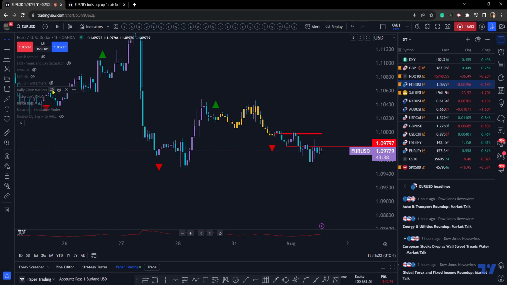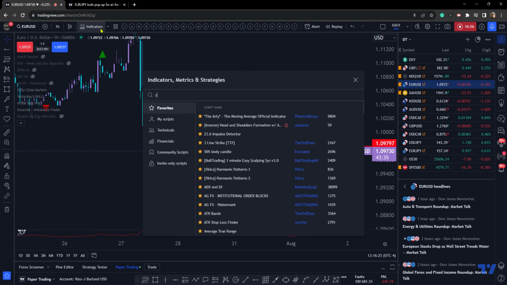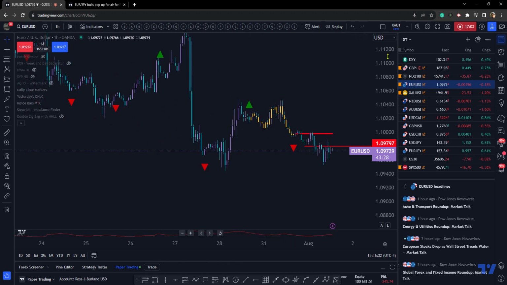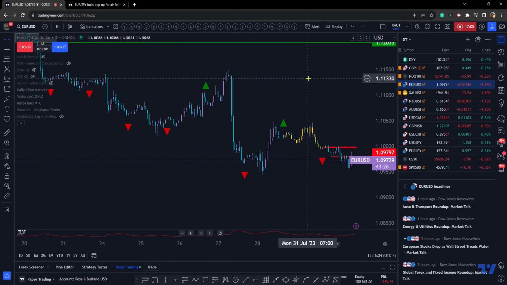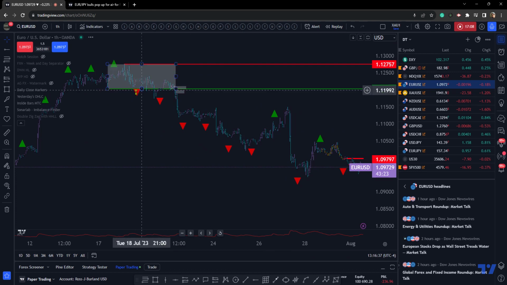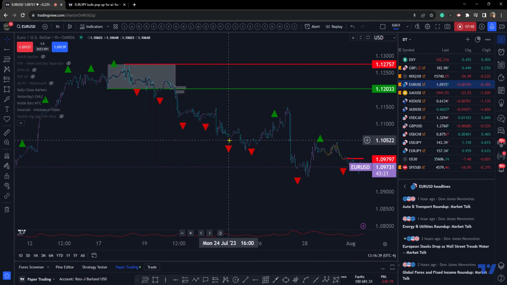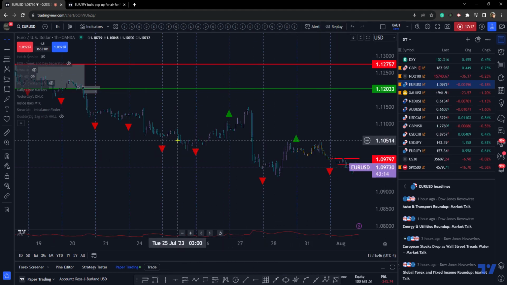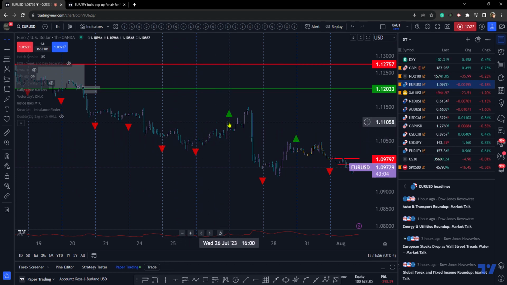Right, these daily close markers by terminal 10. These give me a bias. So if we've got a series of red closes, these will show whether, so on Tuesday the 25th, that was a lower close, and then on Wednesday the 26th, we had a higher close.